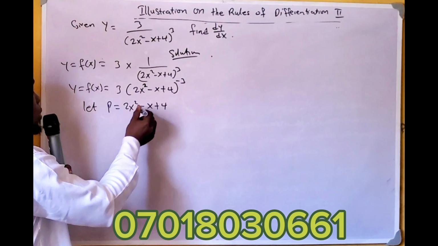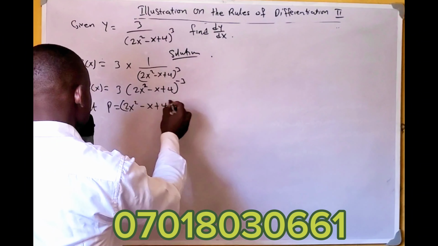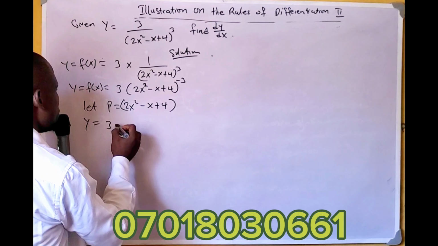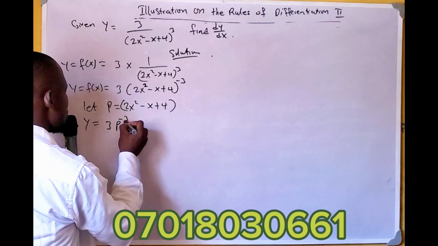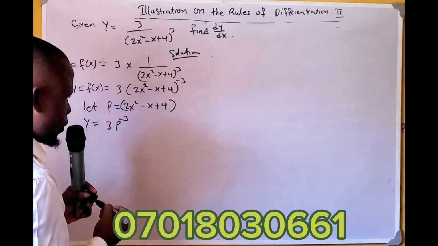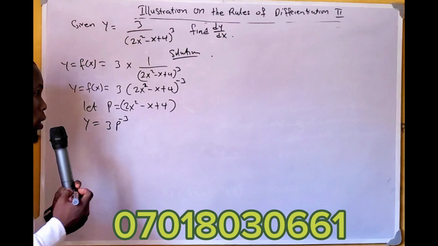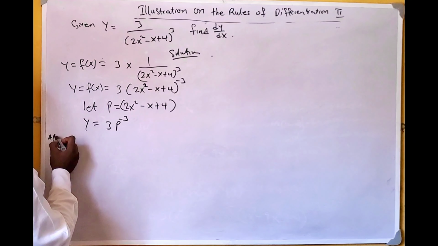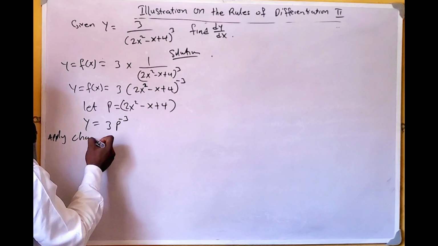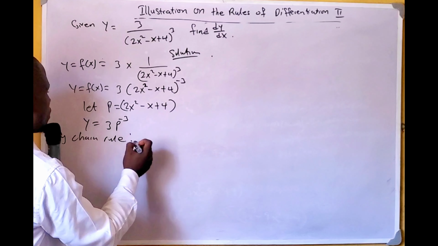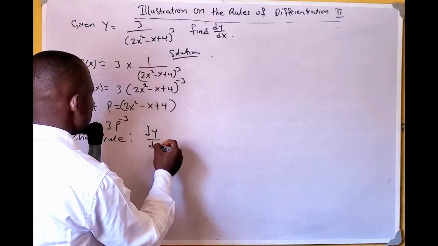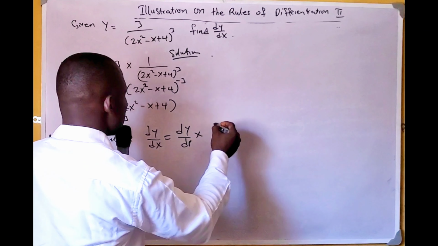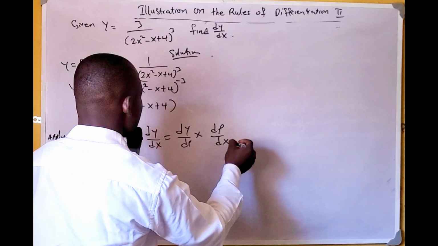Now if p is 2x squared minus x plus 4, then our y will now be equals to what? 3p raised to the power minus 3. Okay? 3p raised to the power minus 3. So by this we can apply chain rule. That is, dy/dx equals dy/dp times dp/dx.